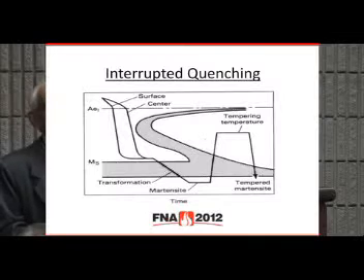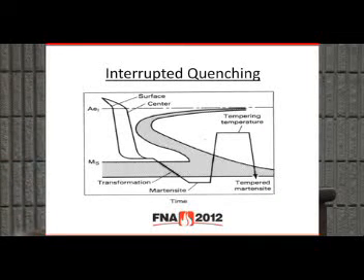So the volumetric expansion in the entire cross section will take place at almost the same time. So this minimizes distortion. And there are various processes of interrupted quenching, and I will be talking about martempering, austempering, and their variations.